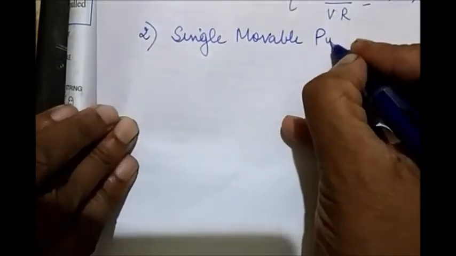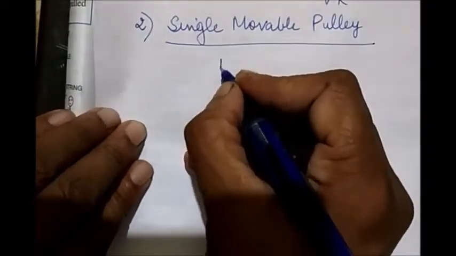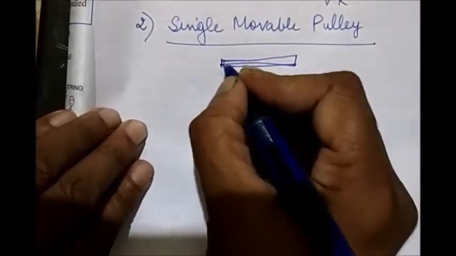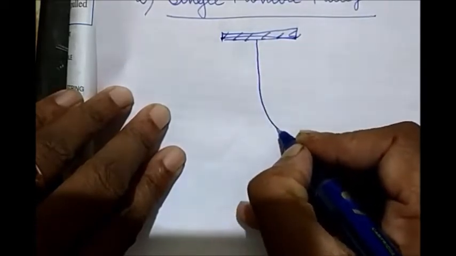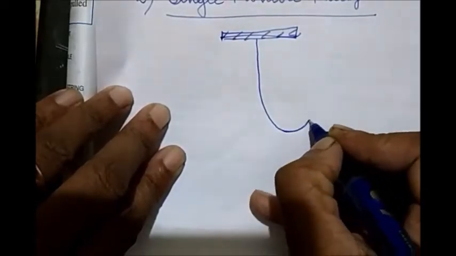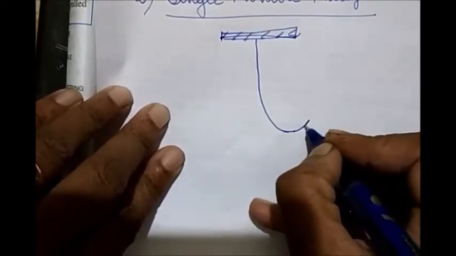Single movable pulley. Now in a single movable pulley, there's a fixed frame. Let's start from here. One end of the rope will be fixed.